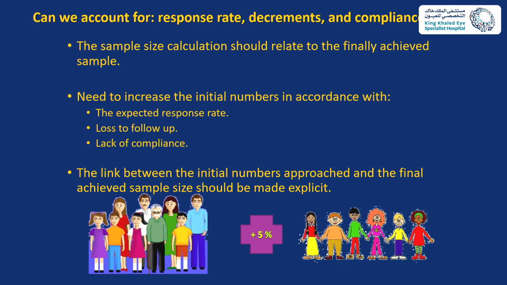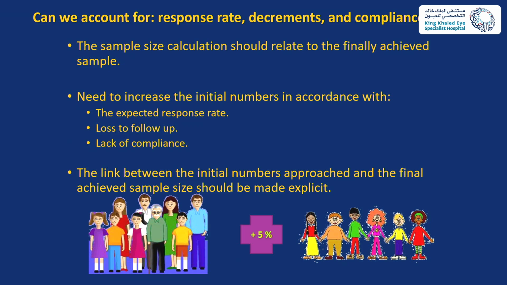If I am expecting a high number of dropouts, for example, I'm conducting a glaucoma surgery and I need to have a very long follow-up time, so I highly anticipate that I will have dropouts. So I account for those dropouts in my study.